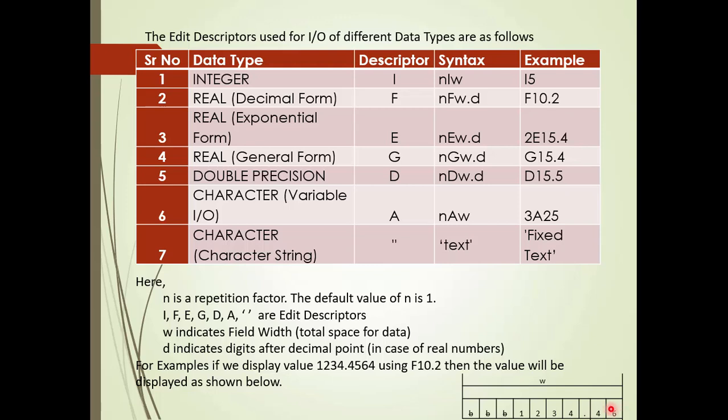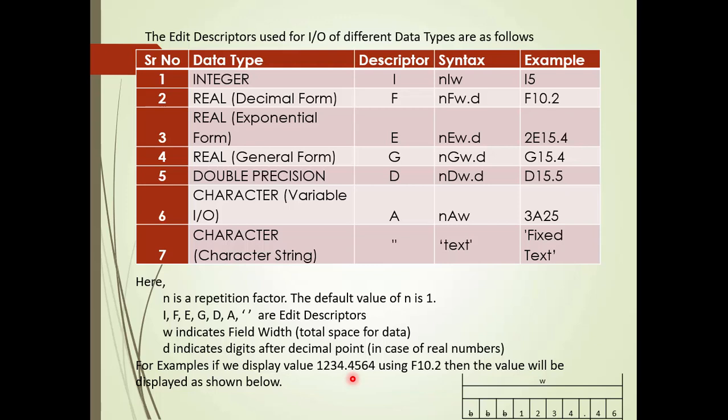So likewise a total of 10 spaces have been allotted, which is the total space for the data, and before and after the decimal point the spacing is properly managed.